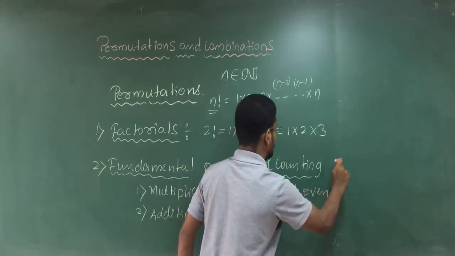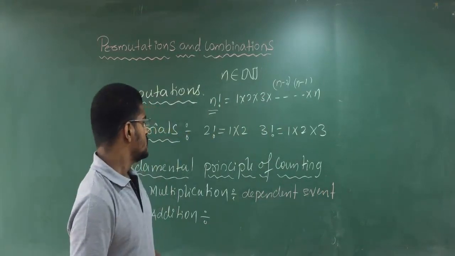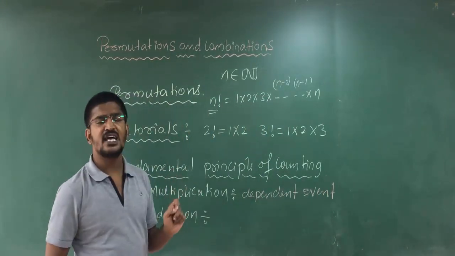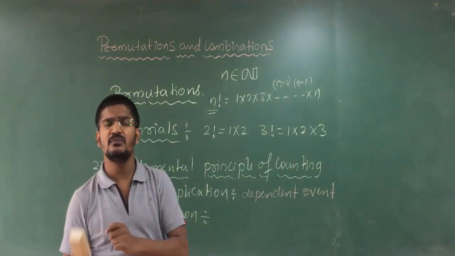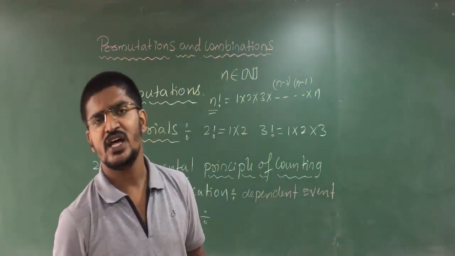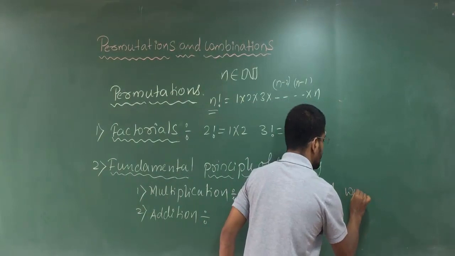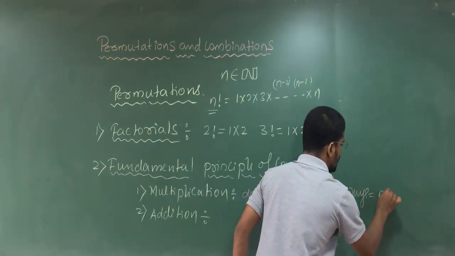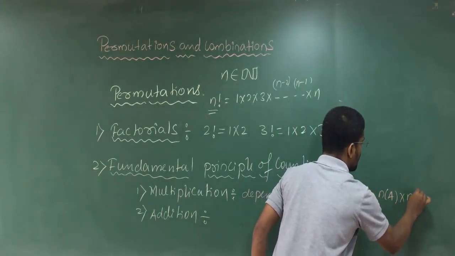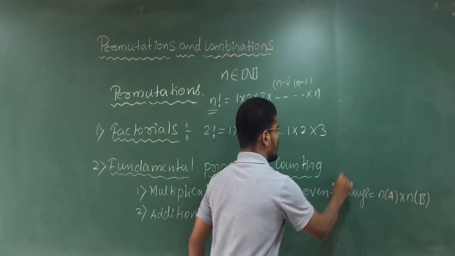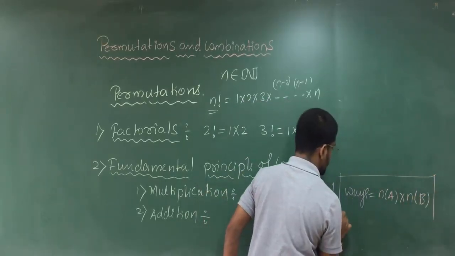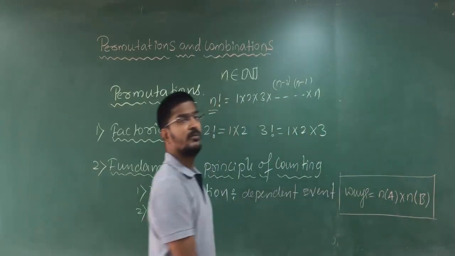So for multiplication, the event has to be dependent. Event B must depend on event A. For that reason, the number of ways is equal to n of A into n of B.